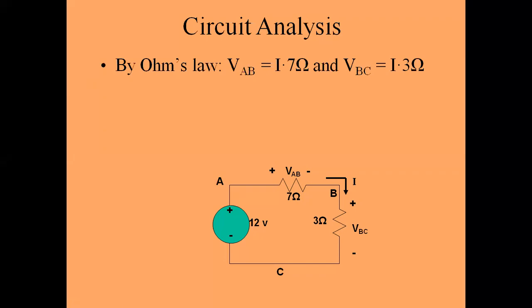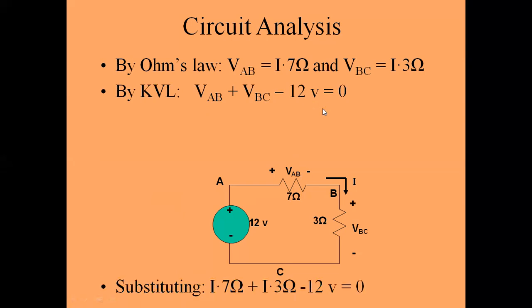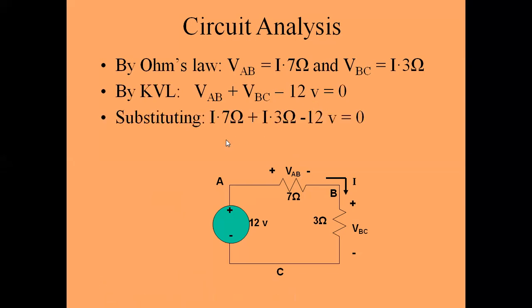Now by KVL, we can write that the sum of the EMFs across a loop is always 0, that is VAB plus VBC minus 12 volt is equal to 0. Putting the values of VAB and VBC, we get 7I plus 3I minus 12 volt is equal to 0.